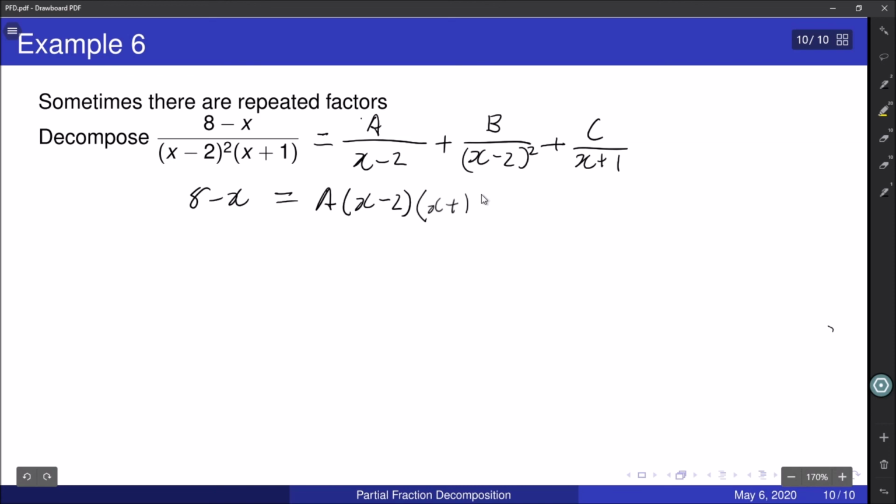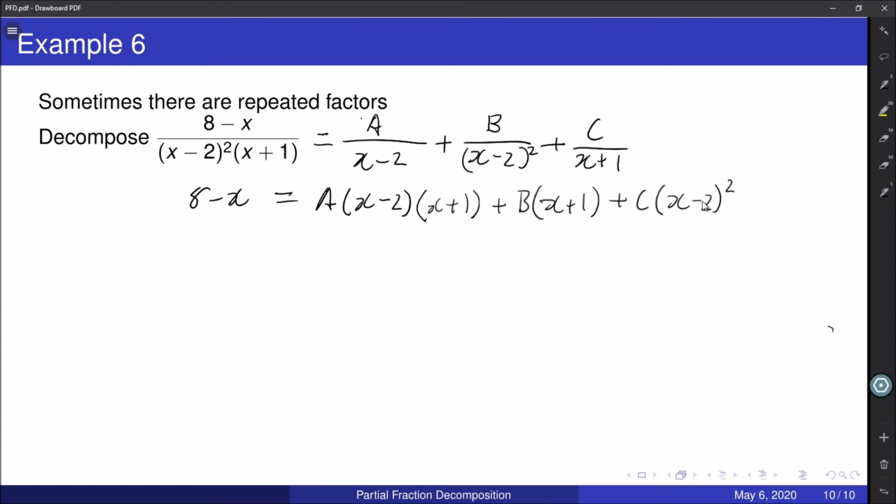Plus b, x plus 1, and then plus c, x minus 2 squared. Once again, we can eliminate these terms one by one.